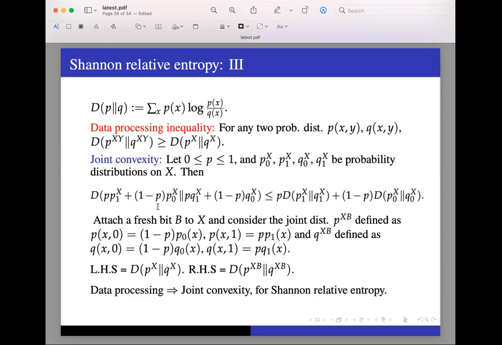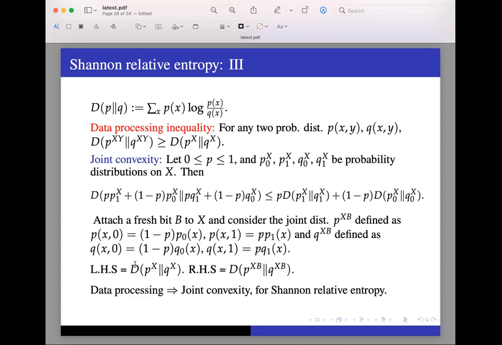Then you can see that the left-hand side is nothing but the relative entropy of the marginal probability distribution. So I have this joint probability distribution P on XB. I can take the marginal on X. Similarly, I have the joint probability distribution QXB. I can take the marginal on X. So I can talk of the relative entropy of the marginals. And the probability vectors will be precisely these two quantities.